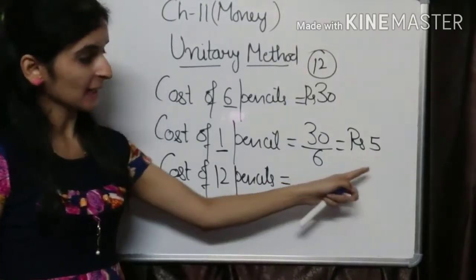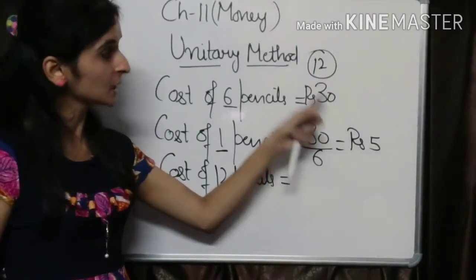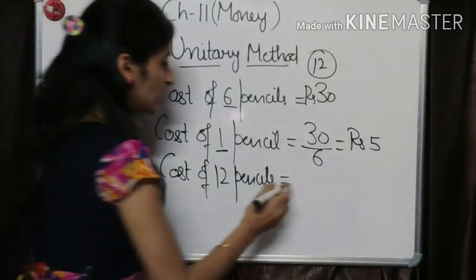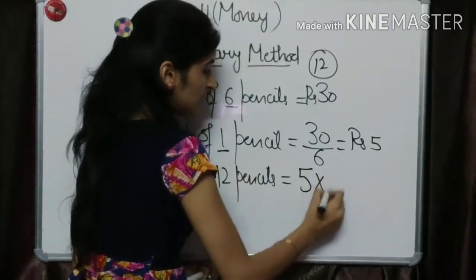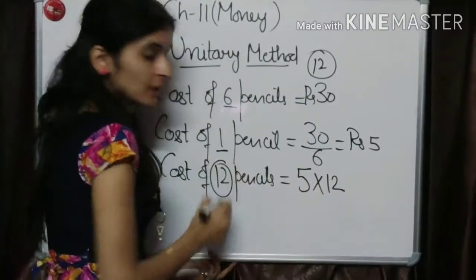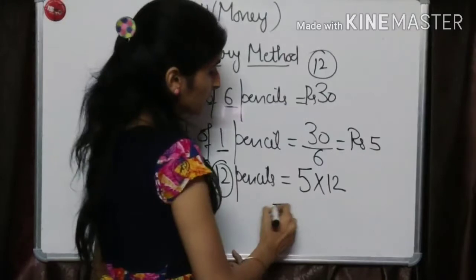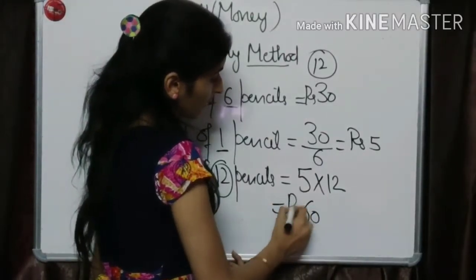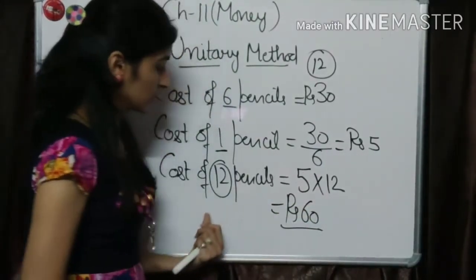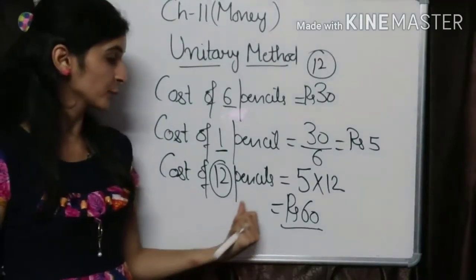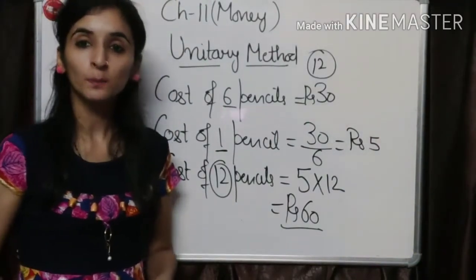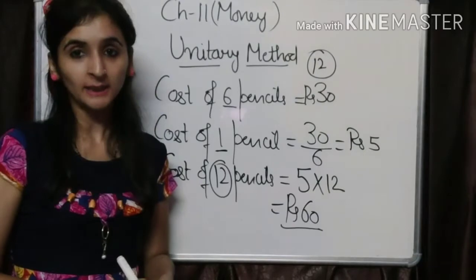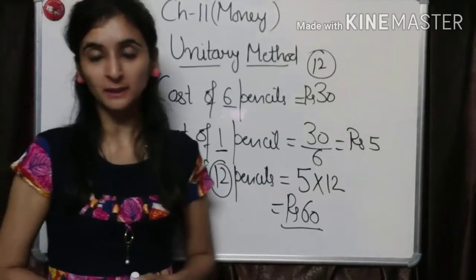So we will multiply the cost of 1 pencil with this 12. So 5 multiplied by 12. 12 5s are 60. So that is why the cost of 12 pencils will be rupees 60. Right. So this is our unitary method.